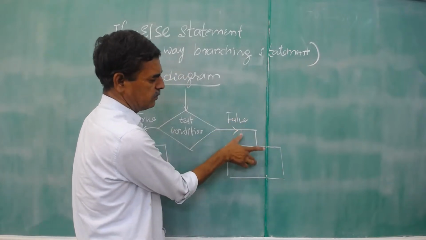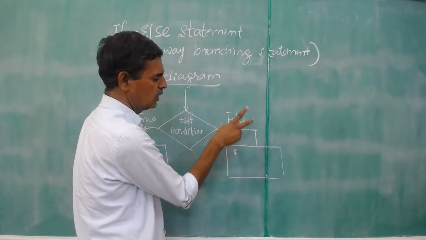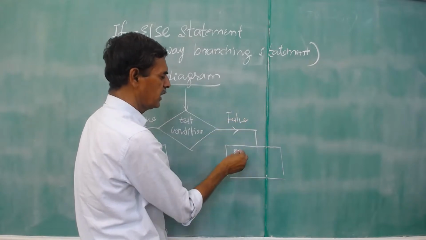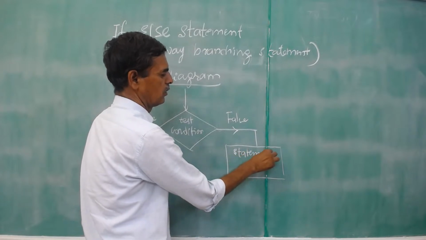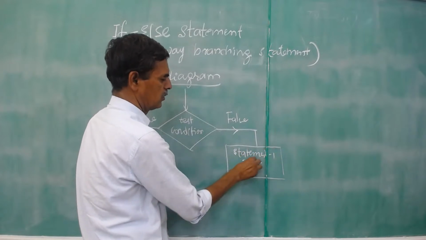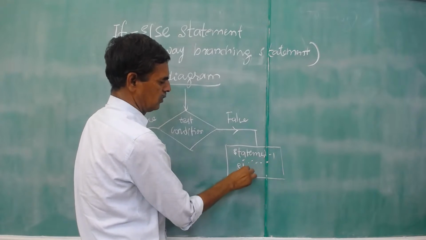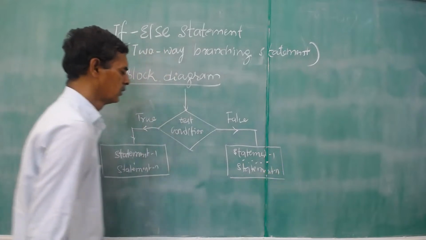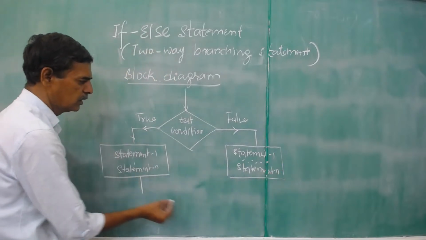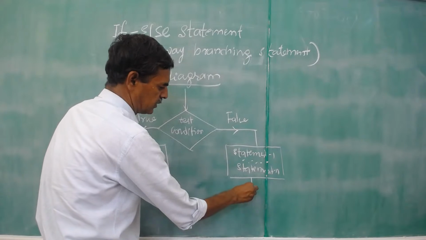So this block belongs to false. So statements in the false block are executed. Okay. Then afterwards, it goes to next statement.